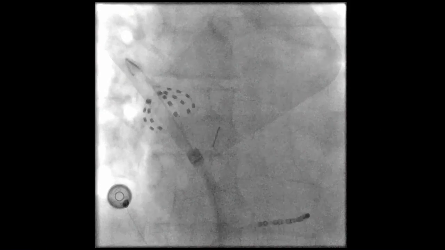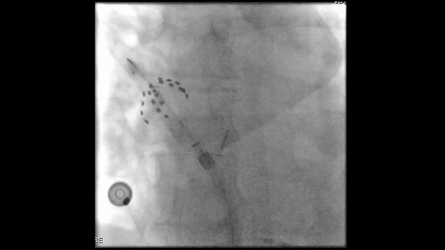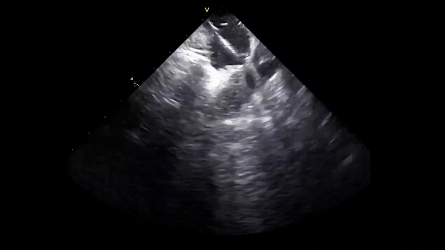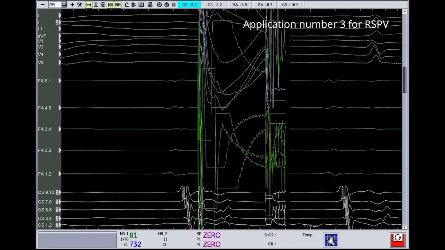Subsequently, the catheter is rotated 30 degrees and position is checked on ICE. Third and fourth applications are delivered.